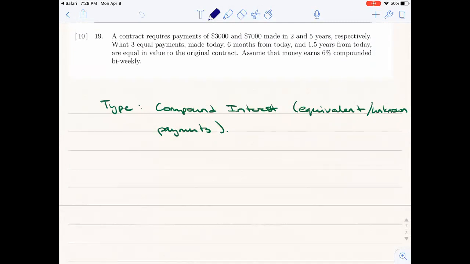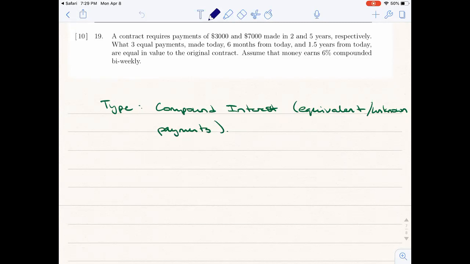So first thing we're going to do is just figure out what our timeline is going to look like. So we've got a contract and it requires payments of $3,000 and $7,000 made in 2 and 5 years respectively. What 3 equal payments made today, 6 months from today and 1.5 years from today, are equal in value to the original contract.